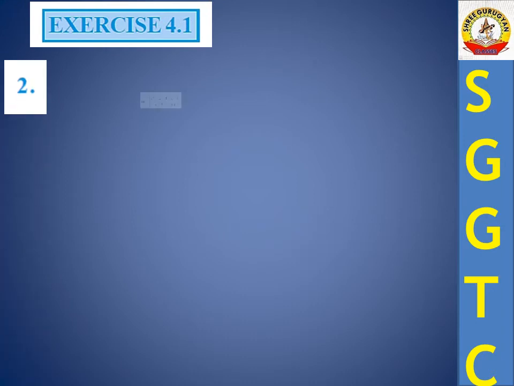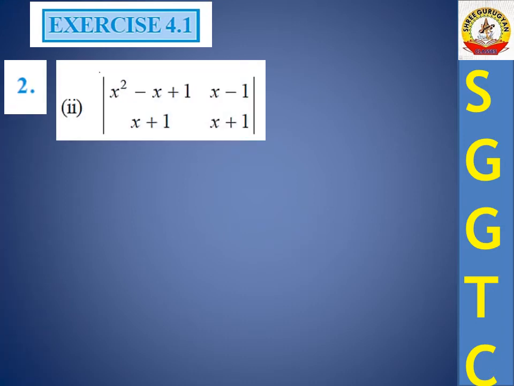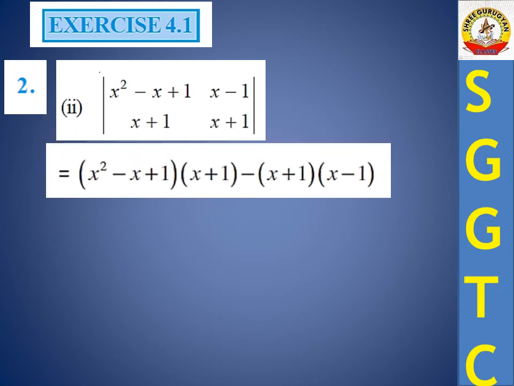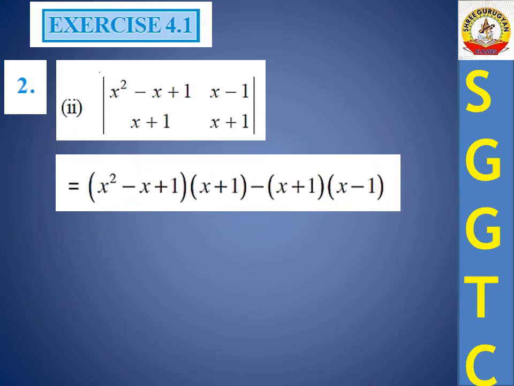4.1 continue. Question second one. This second question is an important question. Here also the same principle applies. 2 cross 2, so principal diagonal minus secondary diagonal. Our principal diagonal elements x square minus x plus 1 with x plus 1 product, minus secondary diagonal x plus 1 with x minus 1.